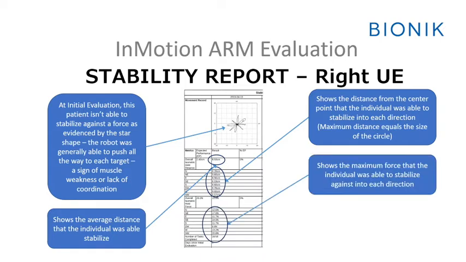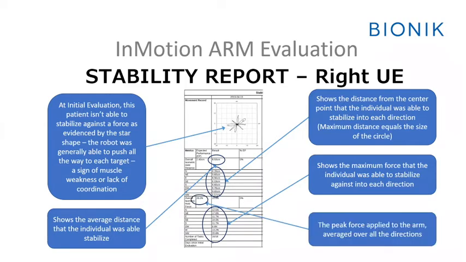In addition, we show the maximum force that the individual was able to stabilize against into each one of those directions, and the peak force applied to the arm averaged over all of the directions, which gives us what the device calls the overall isometric hold force, which again is a measure of isometric strength.